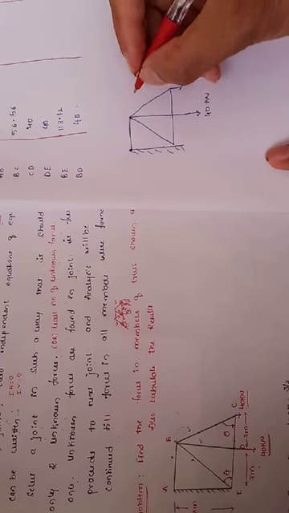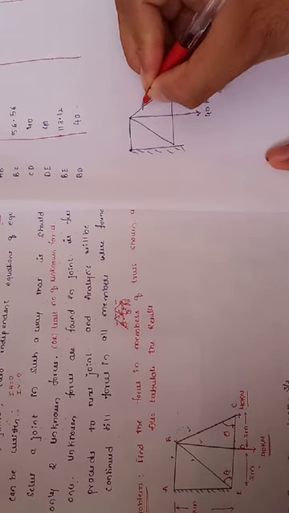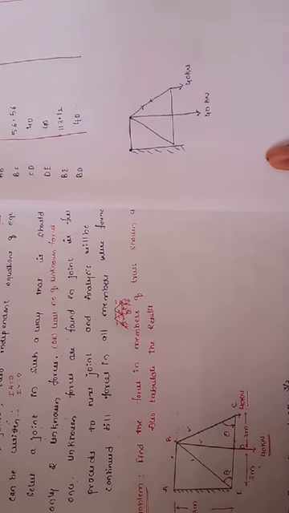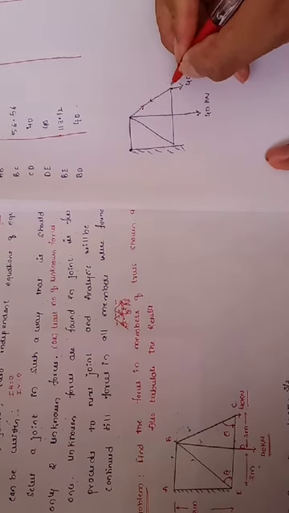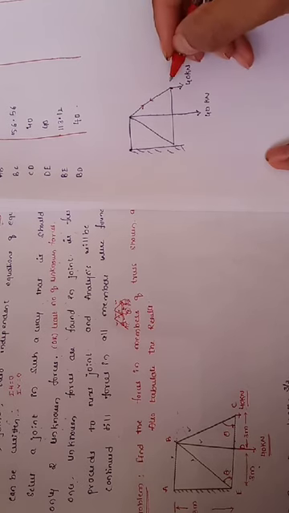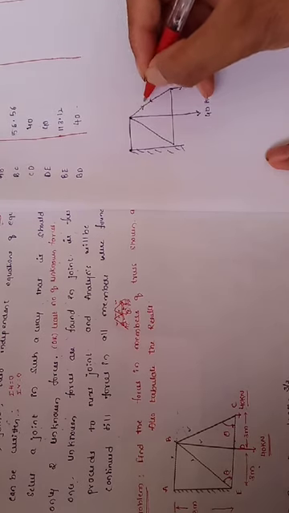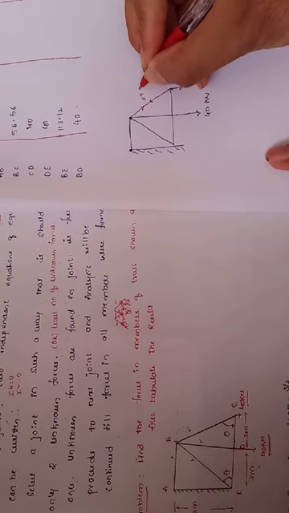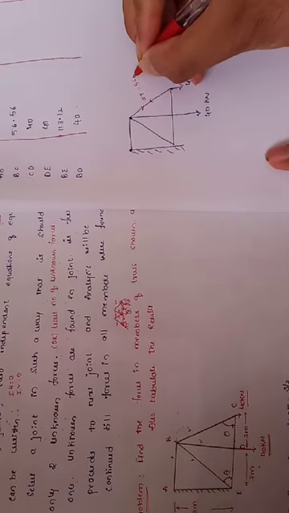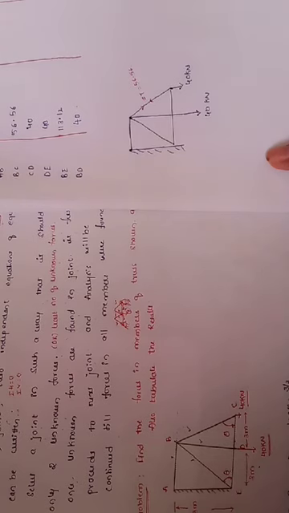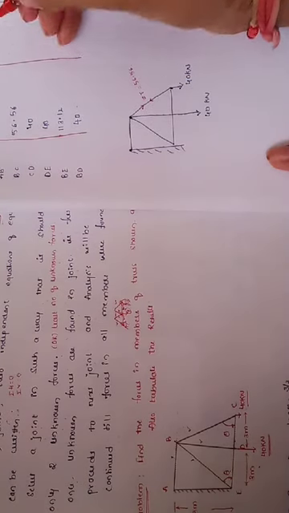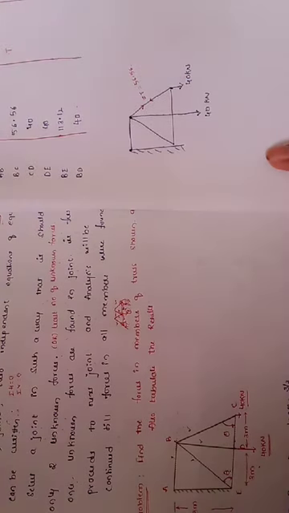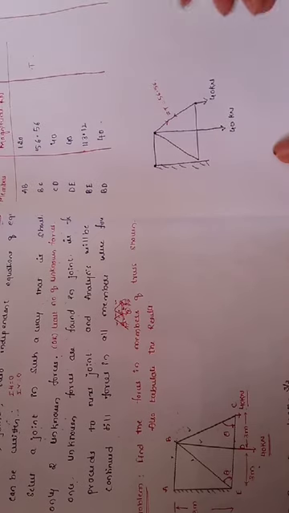When you say it is tension, if you look at this, from this end it is moving away from the joint. This is also moving away from the joint, so I can say this is in tension. So what is the magnitude? 56.56. So FBC, I can say it is tension, so I can represent it as T, right?